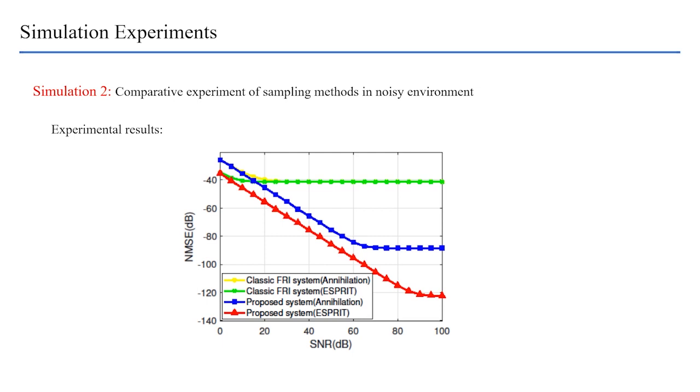When the signal-to-noise ratio of the system reaches 6 dB, the proposed system using the annihilation filter algorithm remains steady, and the proposed system using the ESPRIT algorithm has the smallest NMSE.